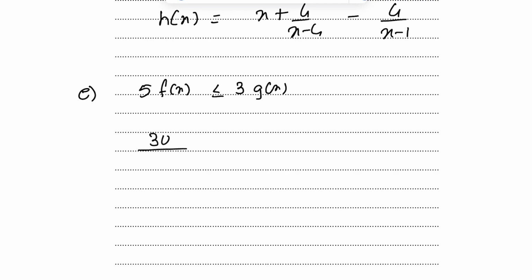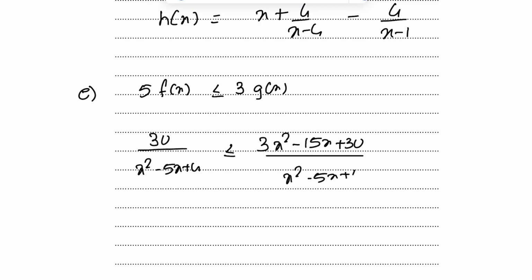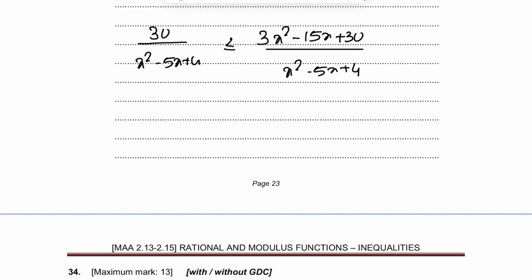So 30 upon x square minus 5x plus 4 is less than or equal to 3x square minus 15x plus 30 divided by x square minus 5x plus 4, which gives me, if I directly write, 3x square minus 15x divided by x square minus 5x plus 4 is greater than or equal to 0.